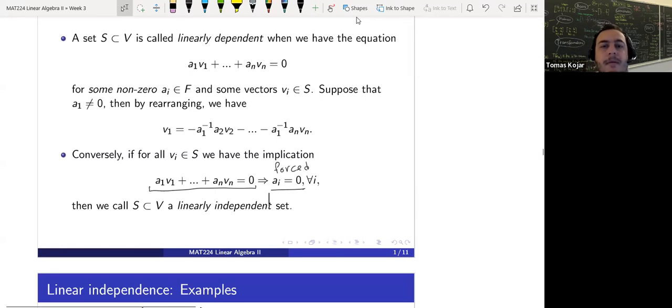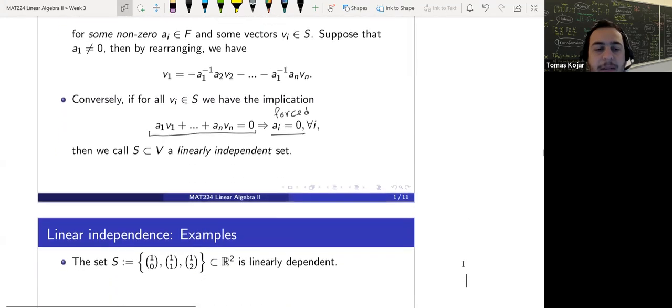So it forces all of them to be 0, and if that's the case, then it's called a linearly independent set.